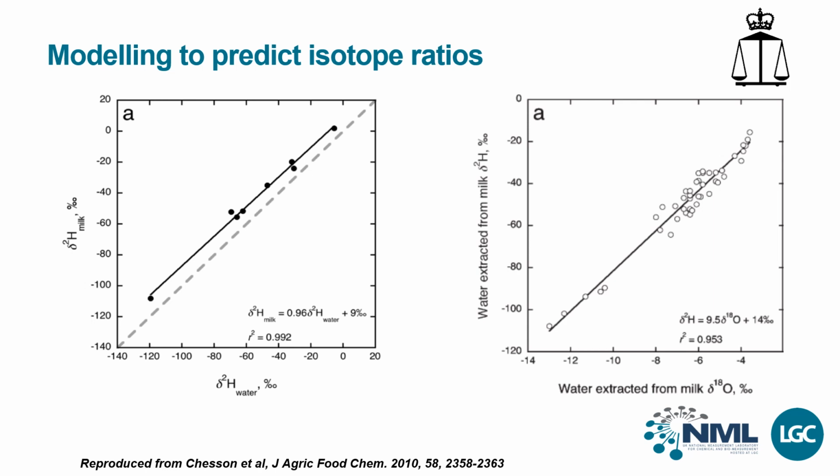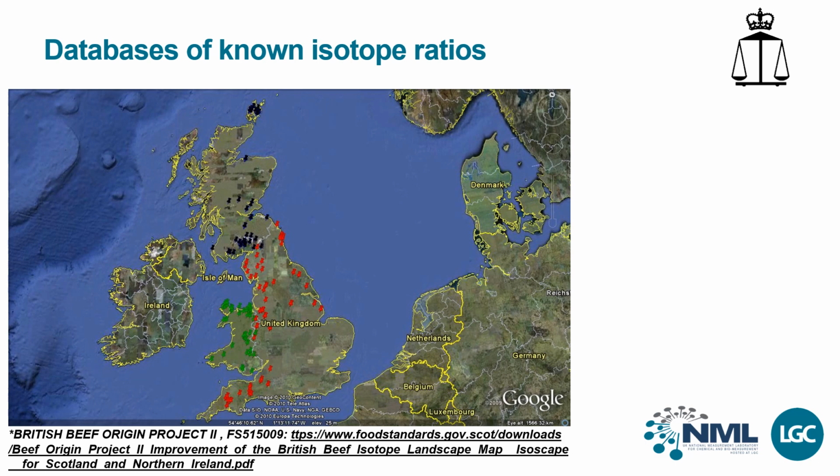This latter approach requires samples of known origin or authenticity. Even without a modelling approach, it is possible to use databases of isotope ratios for known origin food samples for comparison to samples of unknown origin or suspected mislabeled origin.